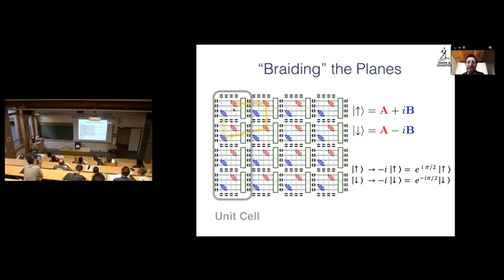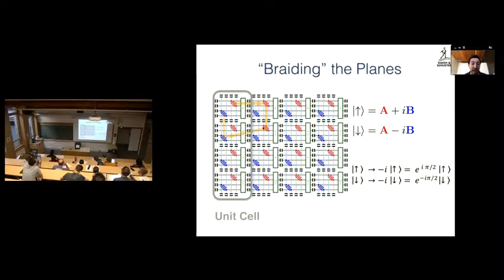And so here's the interesting thing. If we call an excitation on the red one A and the excitation on the blue one B, a 90-degree rotation does not leave excitations in either A or B. A and B are no longer eigenstates of this system. In fact, the eigenstates are A plus or minus iB.